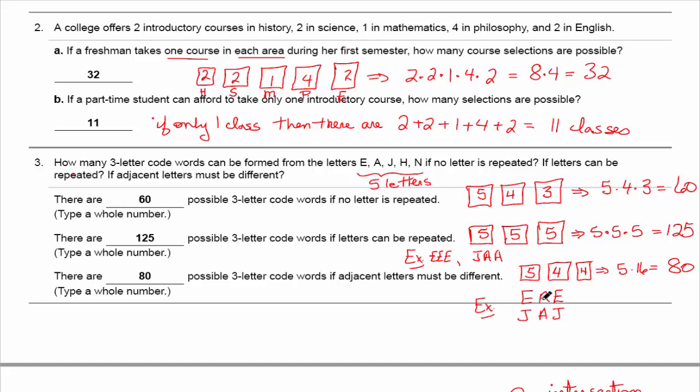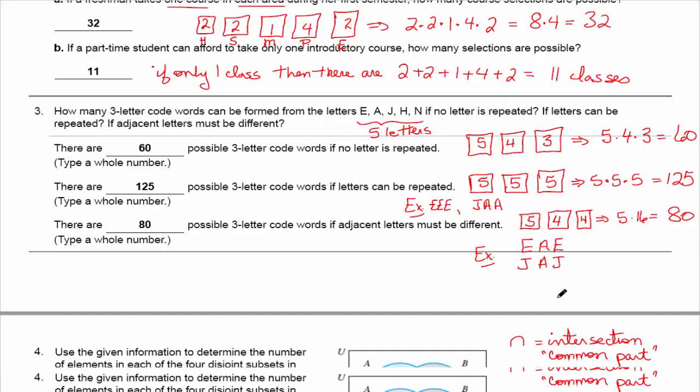How many choices do I have for this letter once I picked A? Well, E is back in the pool, so there's still 4 again to pick from. It's not a 5 because I can't have A. So 5 times 4 times 4, and we get 80.